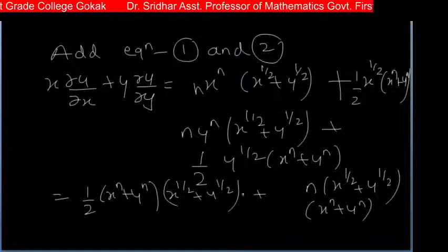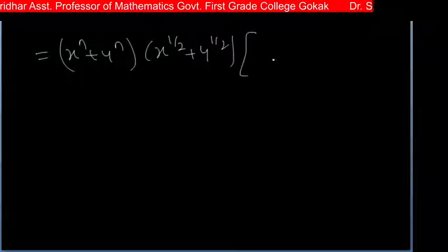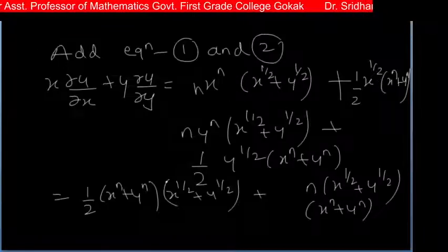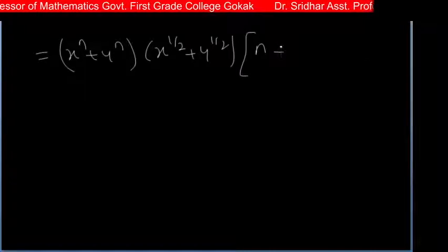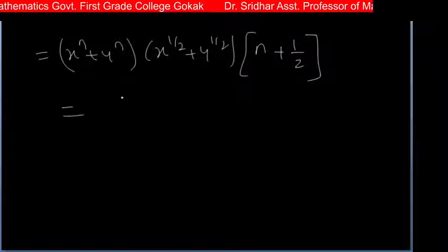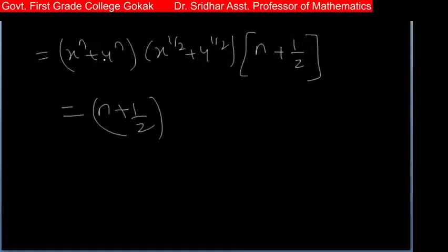Now from these two terms I take x raised to n plus y raised to n into bracket x raised to 1 by 2 plus y raised to 1 by 2 as common, and I will get in bracket n plus 1 by 2. So now this is same as n plus 1 by 2 into, this is nothing but our u.